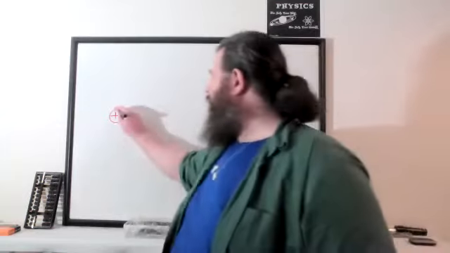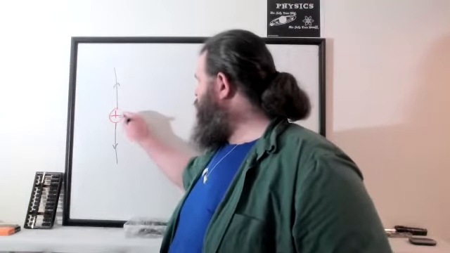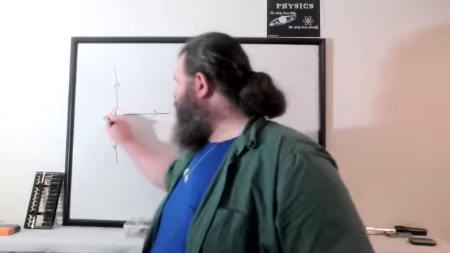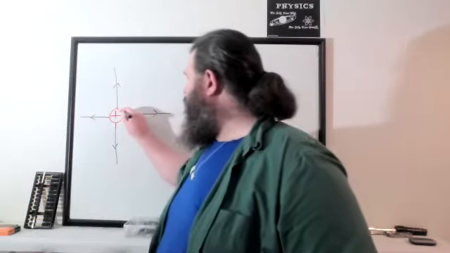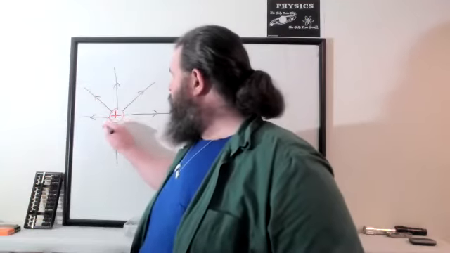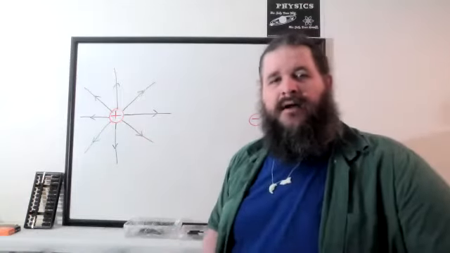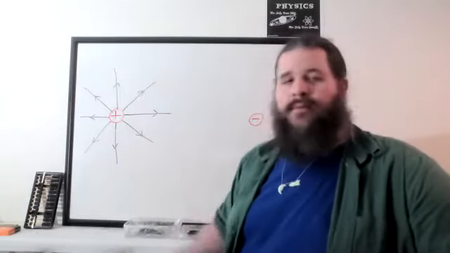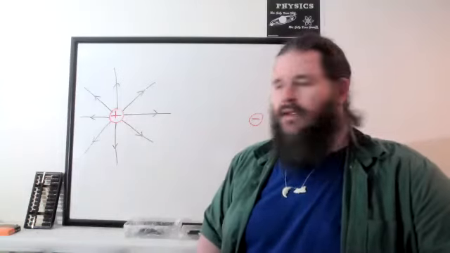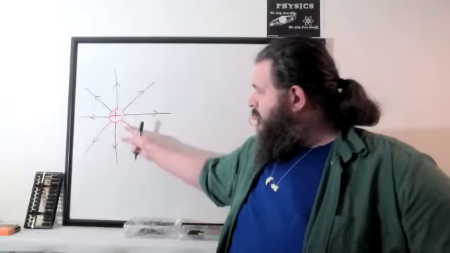Yeah, we should just have arrows pointing outwards in all directions. And those should be evenly spaced because which side you're on doesn't matter. All that matters is how far you are. So this is one depiction, the field line diagram of the electric field caused by a single point positive charge. You just have electric field outwards in all directions. And note that the lines are getting more and more spread out.